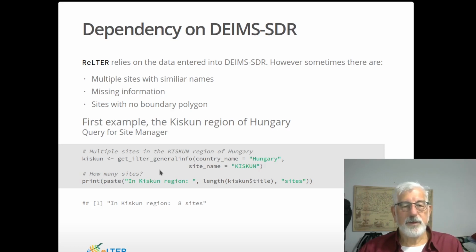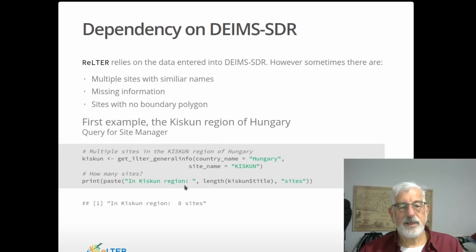As a first example, we'll get sites in the Kiskun region of Hungary. We run this code as we've seen in the first two lessons, using the get eLTER general info to download the list of sites in that Kiskun region.